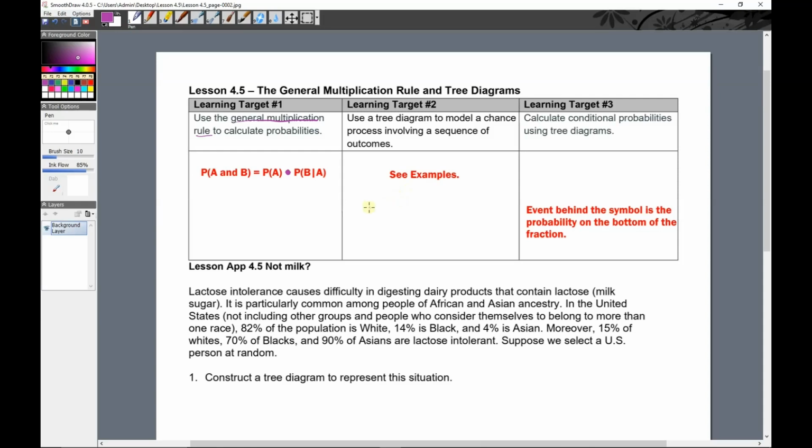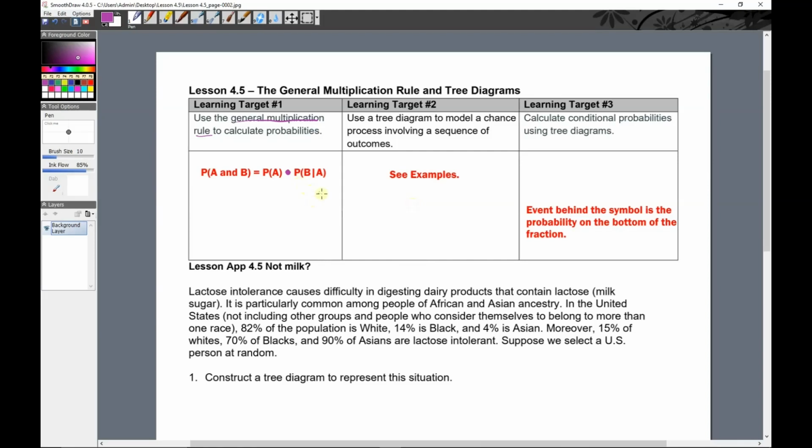We've already done one example of a tree diagram. We're about to do another one. It will be pretty clear if I don't cram it into this little space. So we'll just go ahead and mention to see the examples.